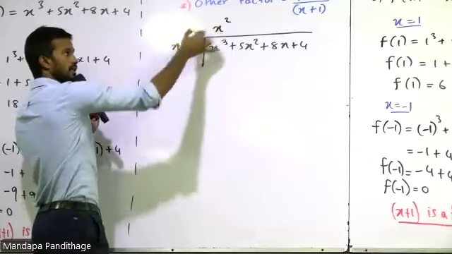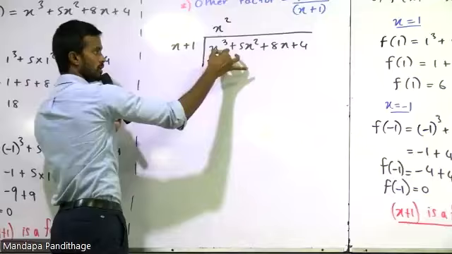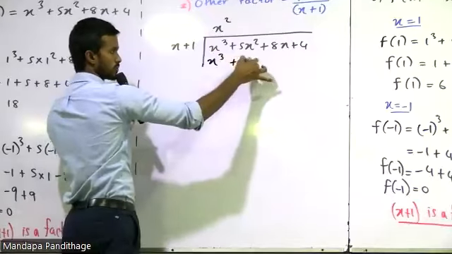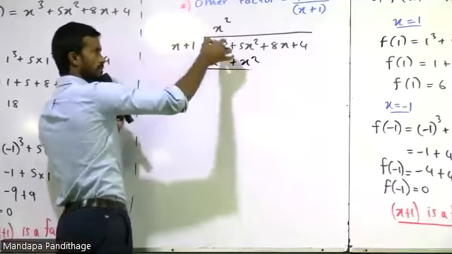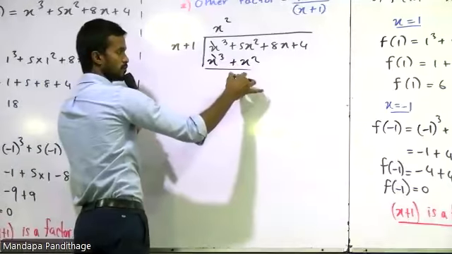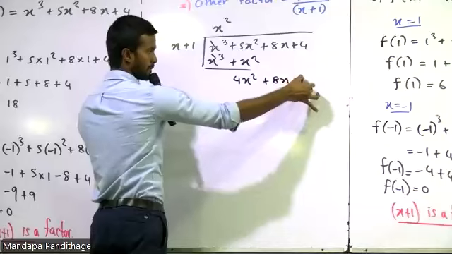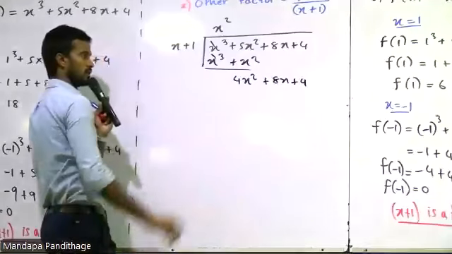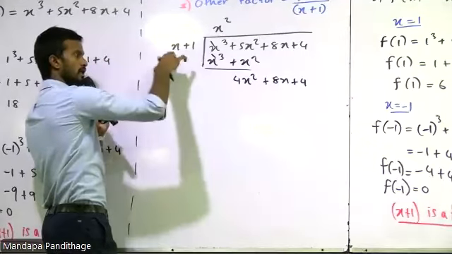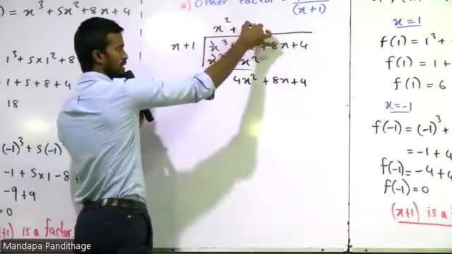When you're multiplying, you have to multiply both. x squared into x is x cube. x squared into 1 is x squared. Now subtract, these two cancel off. 5 minus 1 is 4x squared, and you take 8x and 4 down. Now 4x squared divided by x, you get 4x.